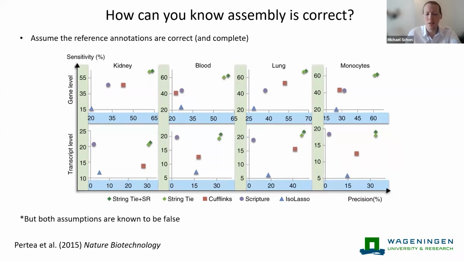But obviously, you wouldn't need to do any assembly at all if the reference annotations were correct and complete. So both of these assumptions are known to be false. And the incompleteness of the reference annotations and the possibility that they actually contain errors are both reasons to justify doing transcript assembly.